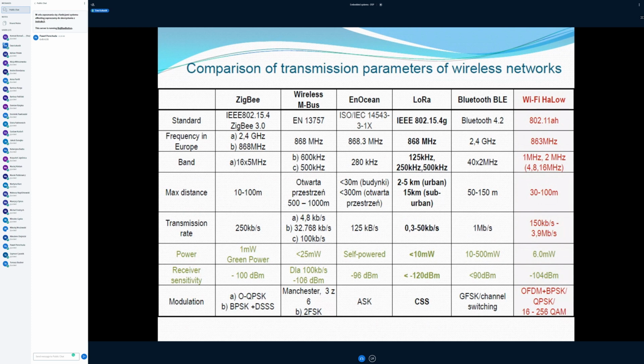Look at the distance. If for ZigBee it is 10 to 100 meters, you can see that it may be used only for specific applications, and those specific applications are in sensor networks, for example. In wireless M-BUS in open air, it is up to 1 kilometer.